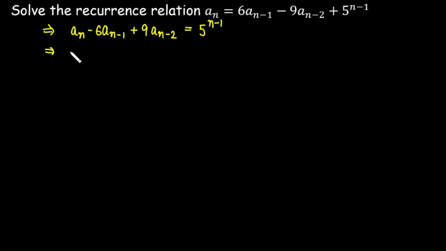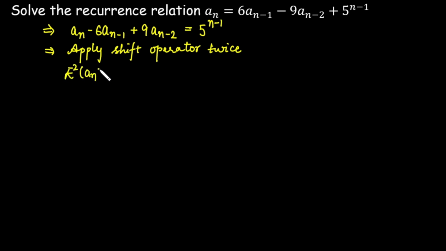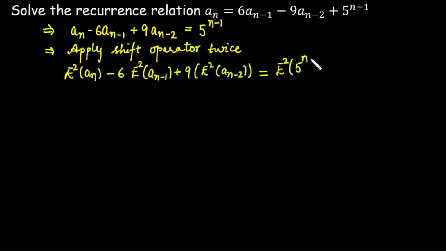So we apply the shift operator twice. We can directly write E square a_n minus 6 times E square over a_(n-1) plus 9 times E square over a_(n-2) is equal to E square 5 raised to power n minus 1.